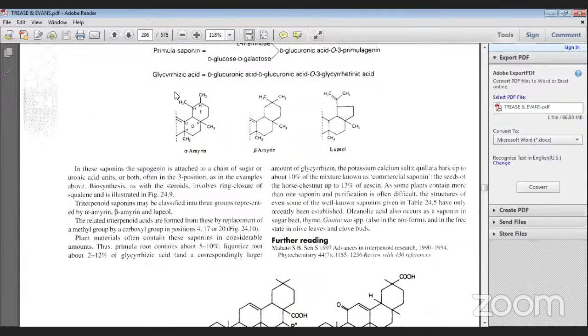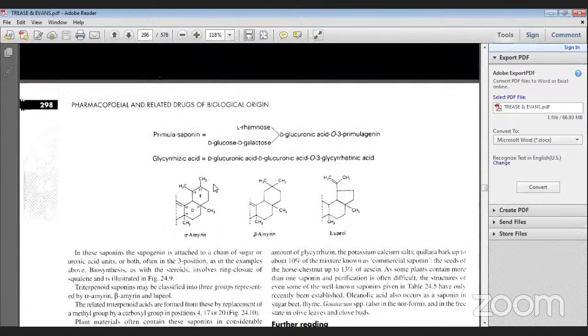Pentacyclic triterpenoids are classified into three classes. First is the alpha-amyrin group, second is the beta-amyrin group, and third is the lupeol group.